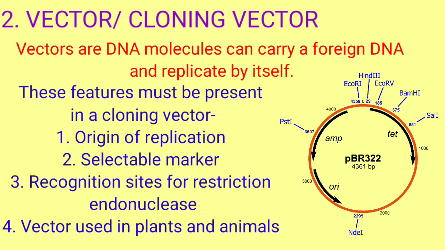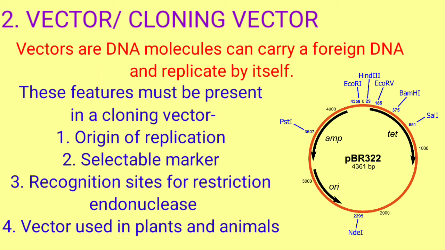So this is for the vector that is called a plasmid, as I have named, that many bacteria and viruses such as bacteriophages are used as vectors. The plasmids, these circular DNA, are present in the bacterial body.